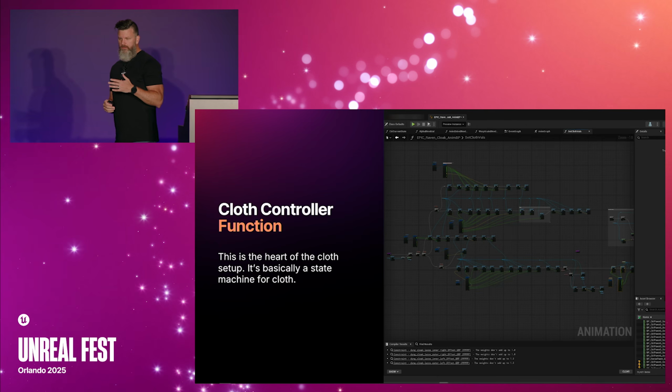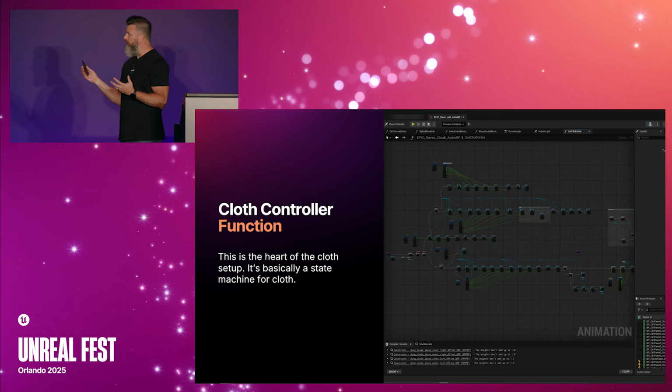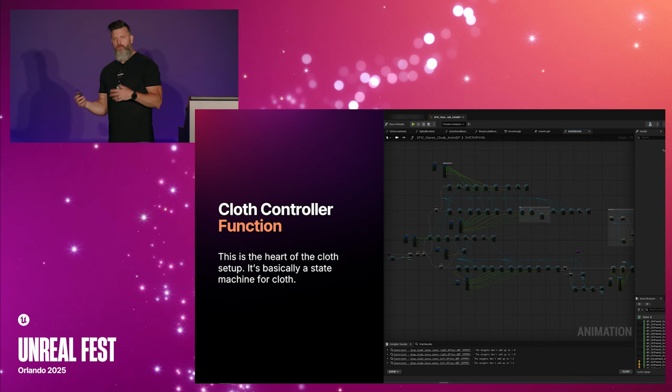So let's start off talking about the cloth controller function. This is, like I said, the heart of the cloth setup, and it's basically a state machine for Siri as she walks around. So this function, I realized that one set of values just wasn't going to work for all the different things that Siri was doing, whether walking, running, on the horse.